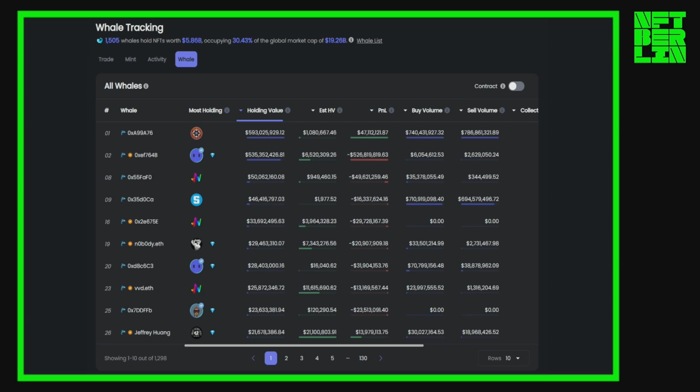Whales are the guys who are sometimes making really smart moves, sometimes not. Just because you have money, it doesn't mean that you're actually a smart trader. It can only be, oh, I have a lot of money, so I can just overspend it and do whatever I want. And we are recognizing whales as the guys who have at least 1 million in NFTs in their collection. So this is something that's really interesting.